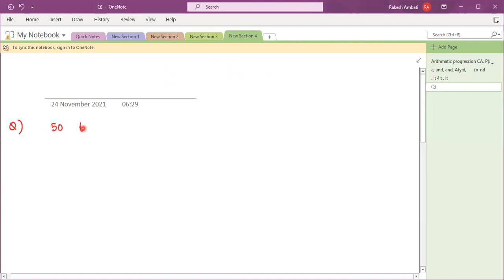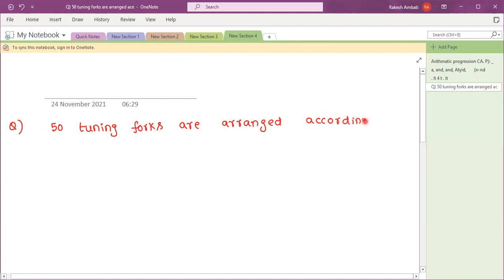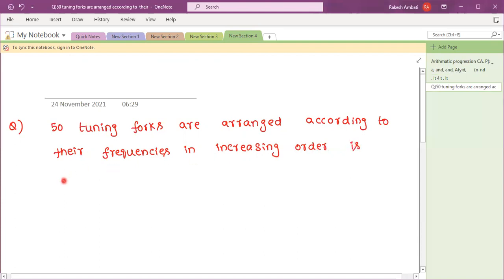So in the next question, 50 tuning forks are arranged according to their frequencies in increasing order, given as 250 hertz, 256 hertz, 262 hertz, and so on.